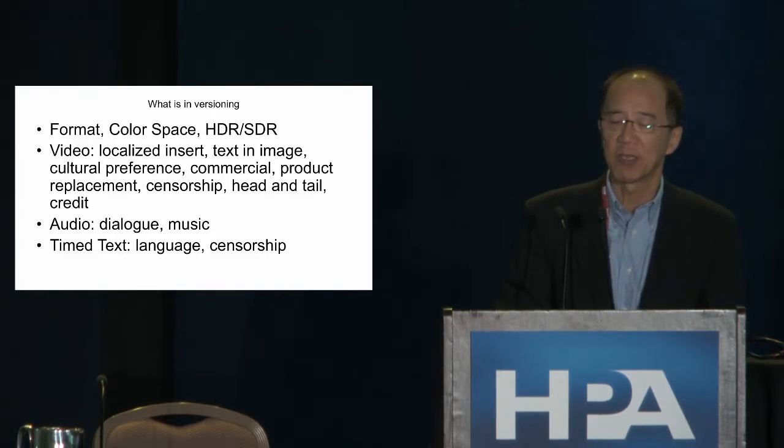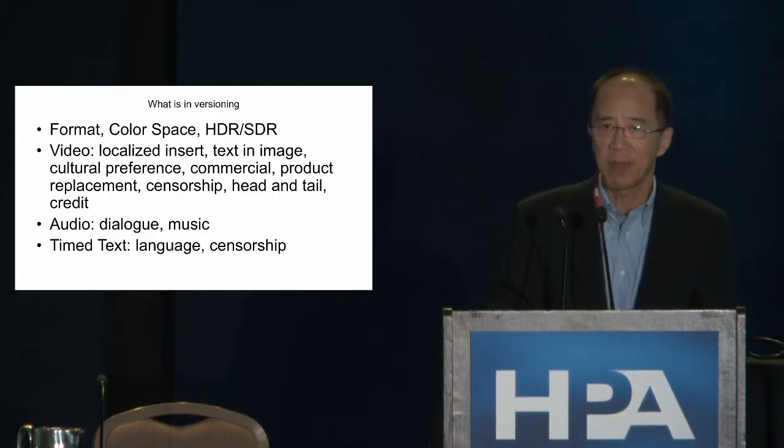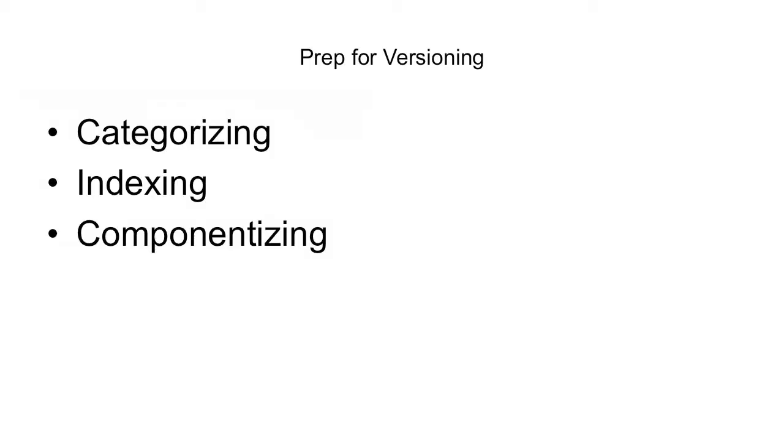Because the different video and different audio, and also the timed text subtitle, have a big impact on the font, the timing of the subtitle, and the censorship. Censorship we saw even in the US, North American broadcasters. There are sensitivities on profanity.